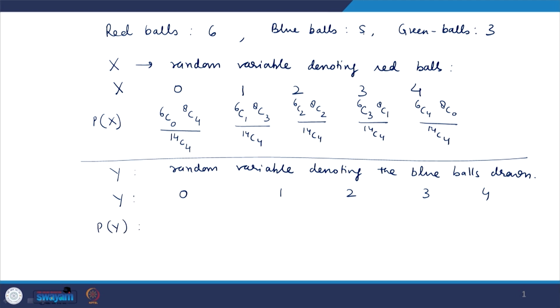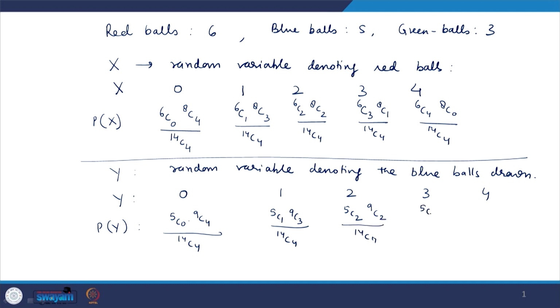Out of 5 blue balls we are drawing no blue ball, 0, that means 5C0 multiplied by the remaining balls, which are 9, 6 plus 3, so 9C4 upon 14C4. Here it is 5C1 into 9C3 upon 14C4, by a similar concept. Then 5C2, that means out of 5 blue balls we draw 2, and from the remaining 9 balls we draw 2, upon 14C4.